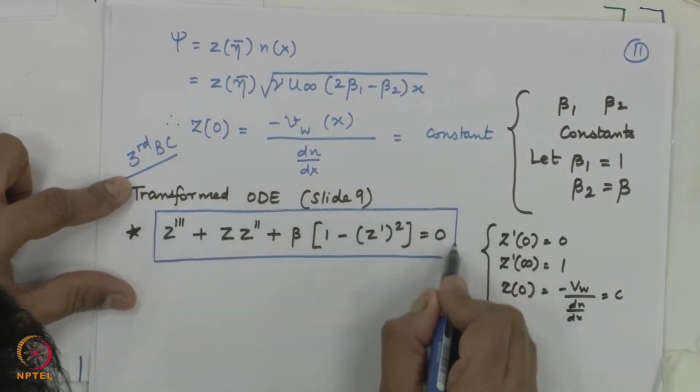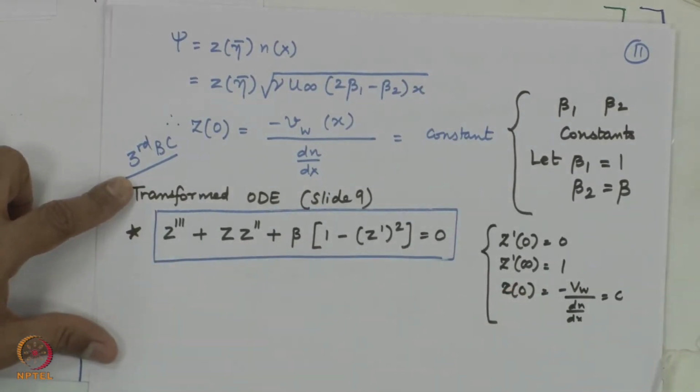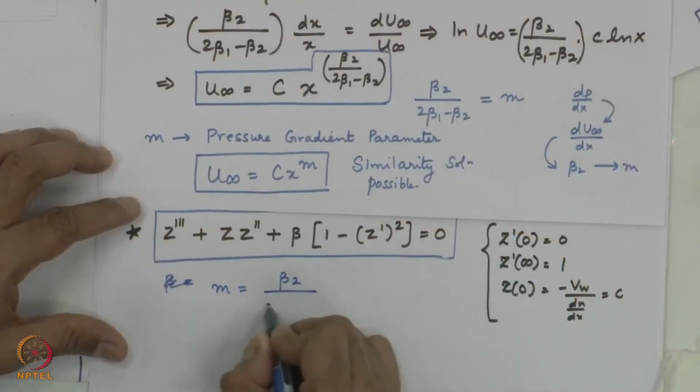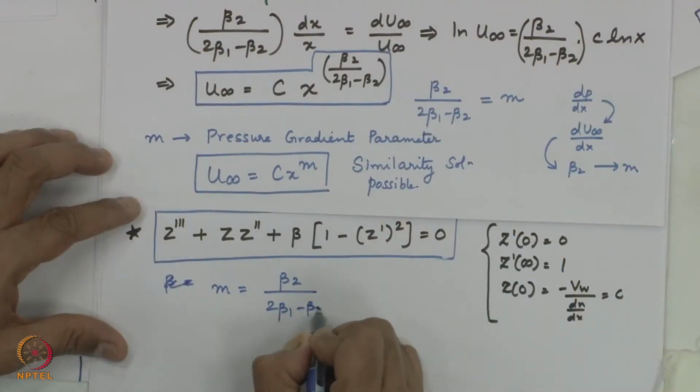Now, everybody will be able to appreciate that this equation can be solved nicely. What is beta here? We have not written this beta now again in terms of m, the pressure gradient parameter. So, we said m is equal to beta 2 divided by 2 beta 1 minus beta 2.